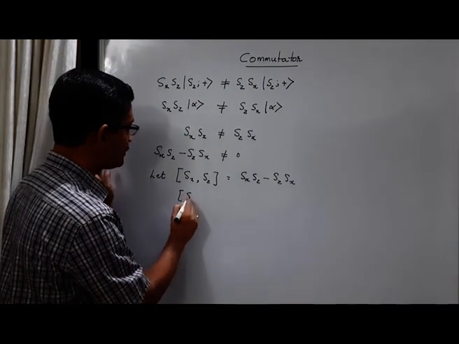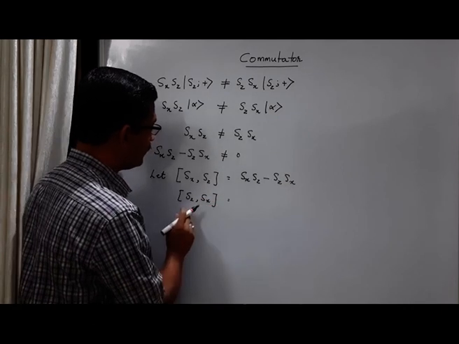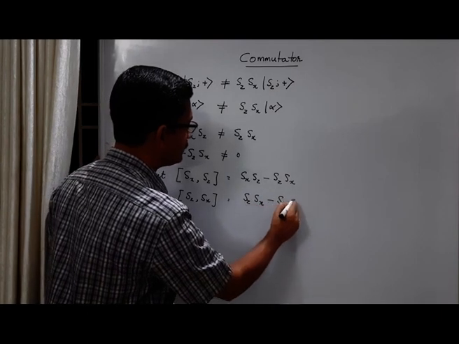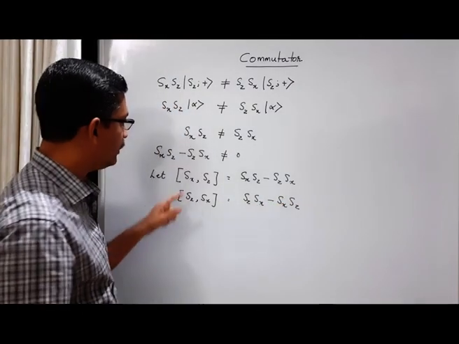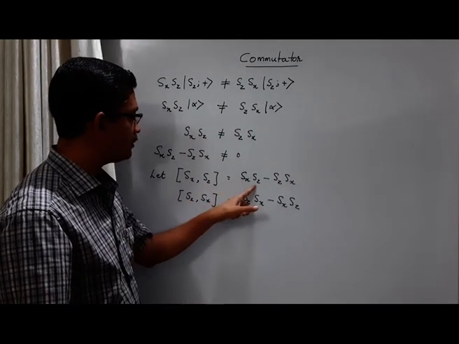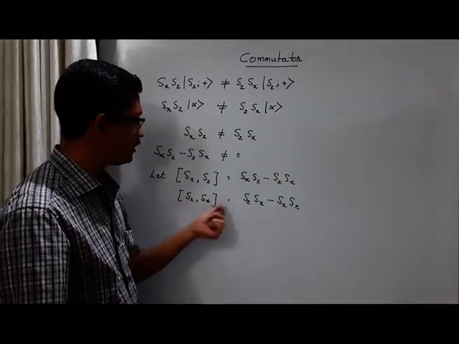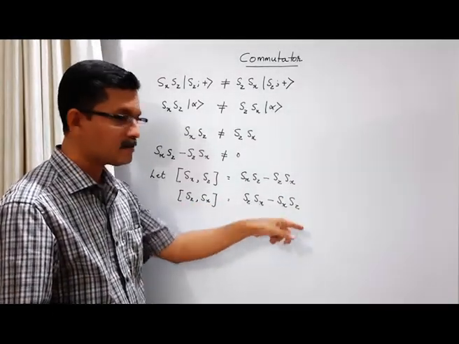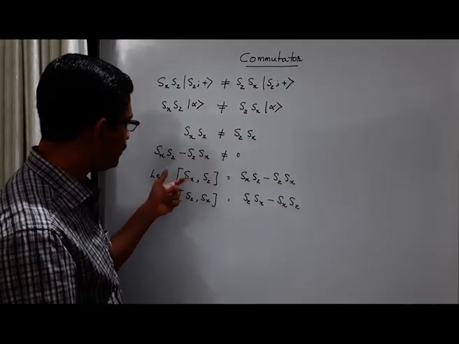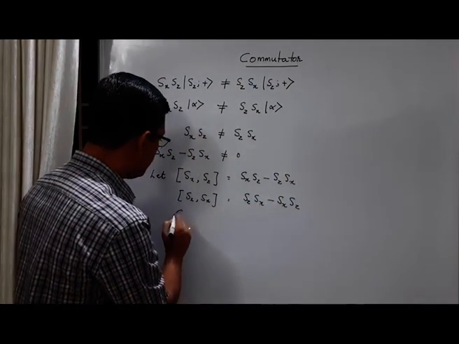Also, what is Sz comma Sx? This will be Sz Sx minus Sx Sz. Look at the order. If it is Sx comma Sz, this into this, right, minus the reverse order. If it is Sz comma Sx, Sz into Sx, first one into second one will appear first, minus the reverse. Okay, and this square bracket form is called the commutator.